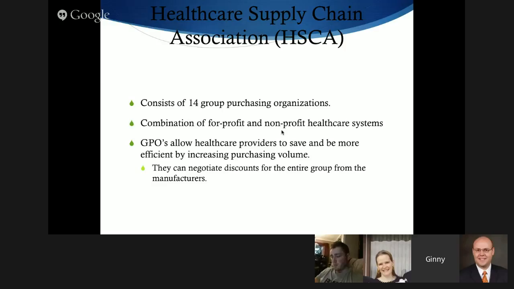The group purchasing organizations allow healthcare providers to save and be more efficient by increasing their purchasing volume. So basically they can work with a wholesaler or manufacturer and negotiate discounts for the entire group, and in the end can get a better deal for 14 groups than they would have been able to get for one group by themselves.